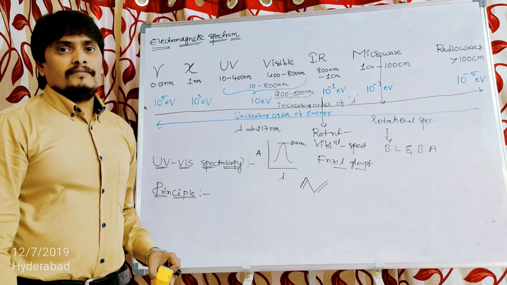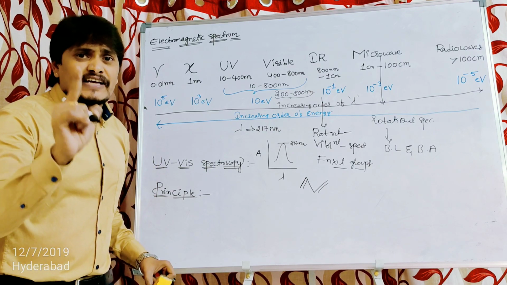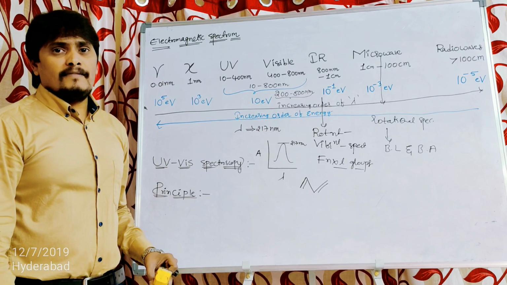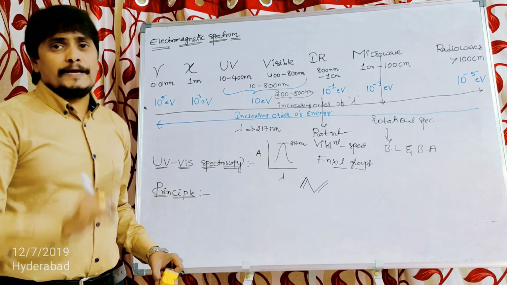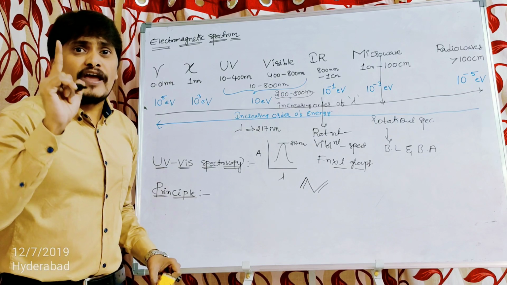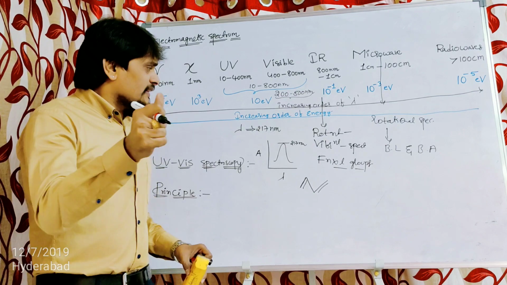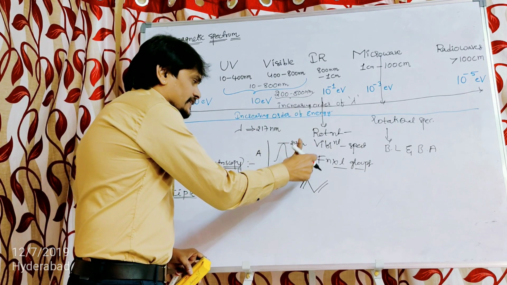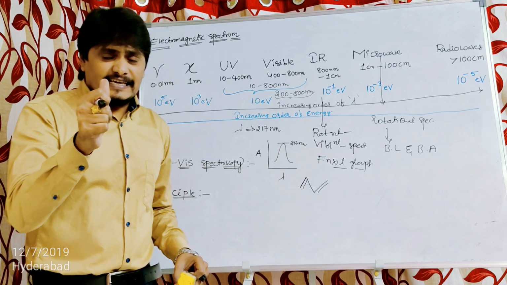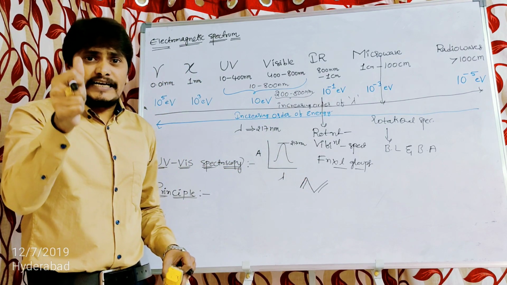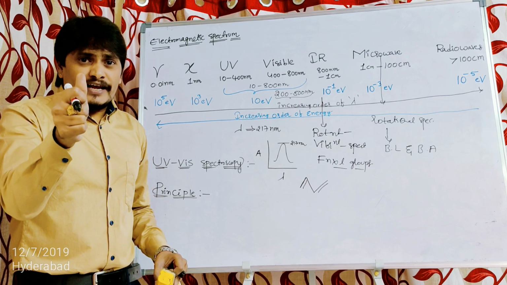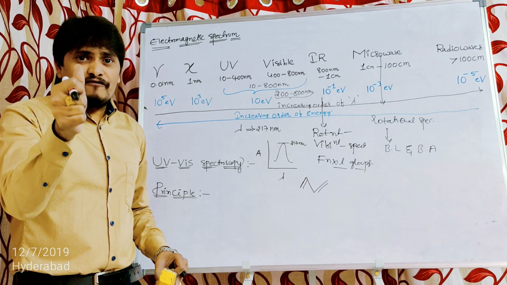So in a similar fashion, each and every molecule has its own identity, its own wavelength. This wavelength which is associated with 1,3-butadiene is like a fingerprint. It is unique for each and every molecule.